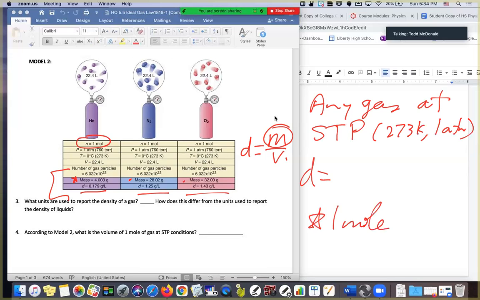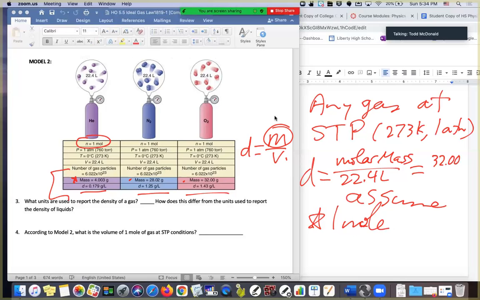This is really the easiest way to do it. Assume 1 mole, and all you have to do is take the molar mass and divide it by 22.4 liters, and you can easily find the density of that gas. So for instance, for oxygen, we look at the molar mass of oxygen, remember it's 32.00 grams.